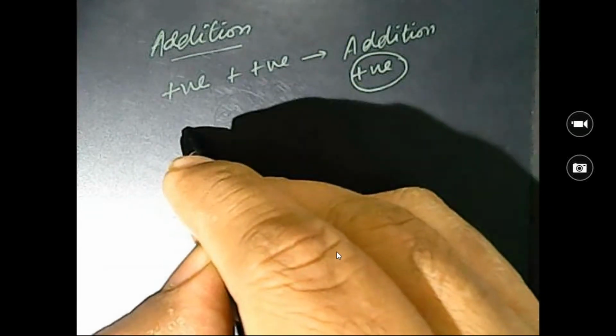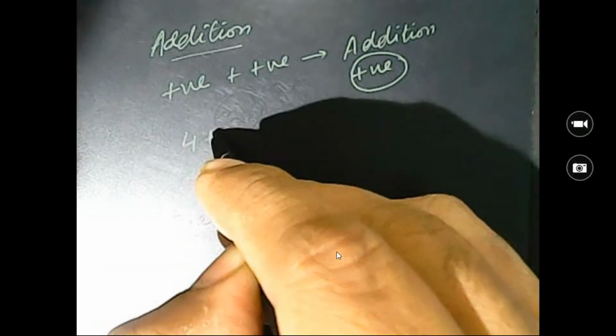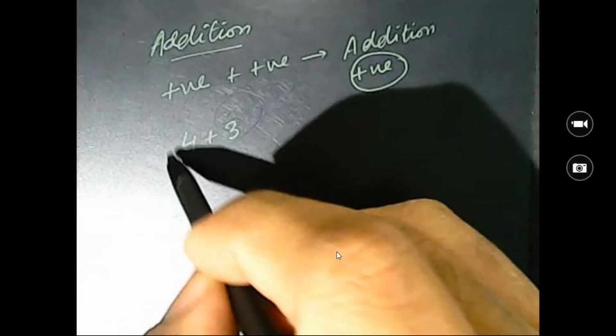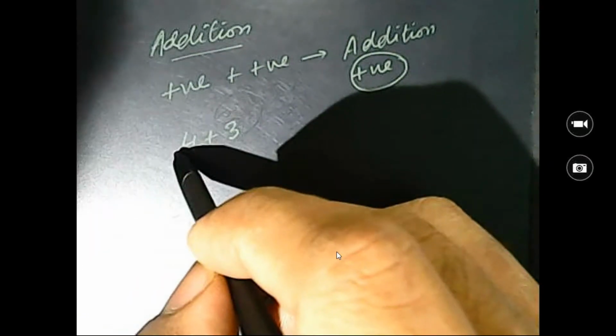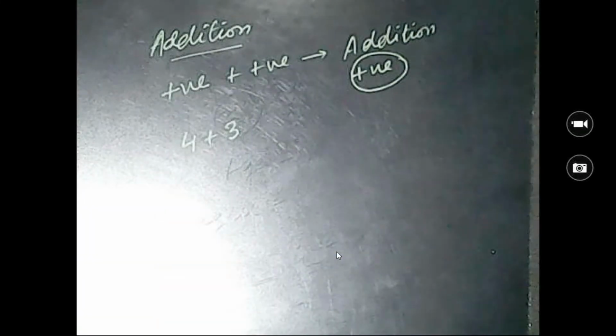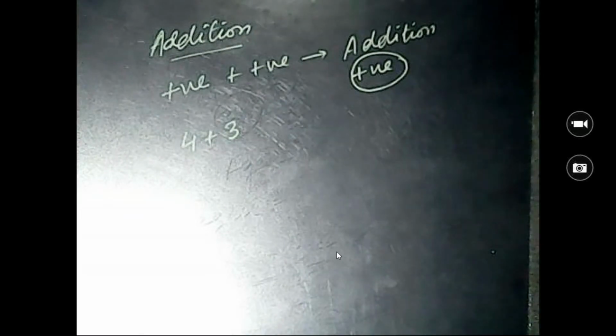For example, if we have 4 and 3, and we do not have any symbol here, it is considered a positive number. If you do not have plus or minus, it will be considered a positive number.